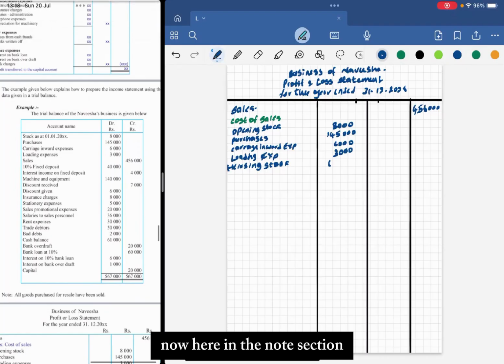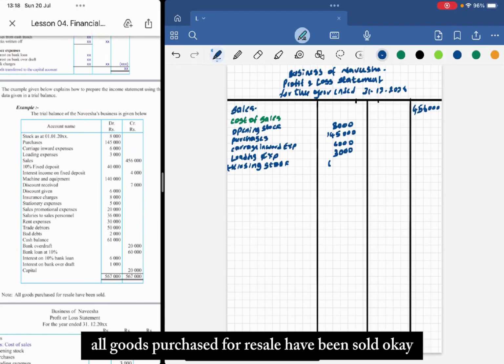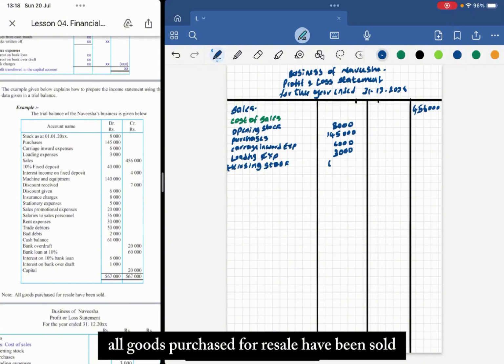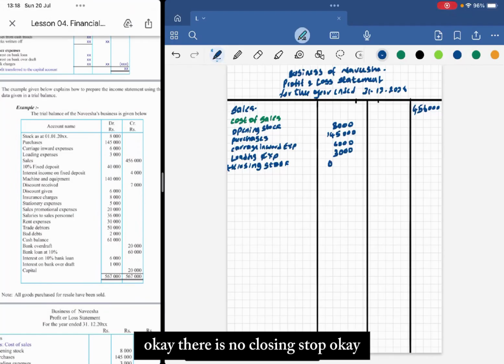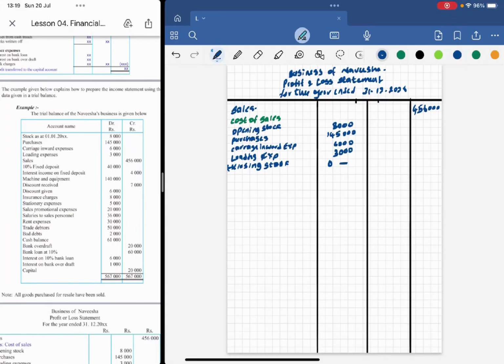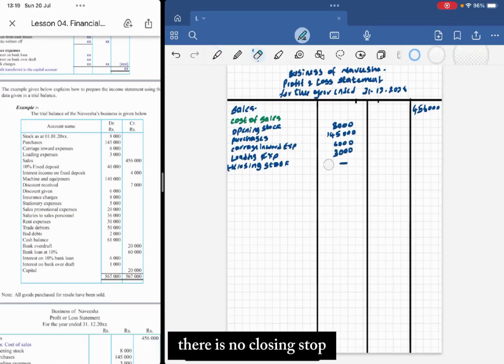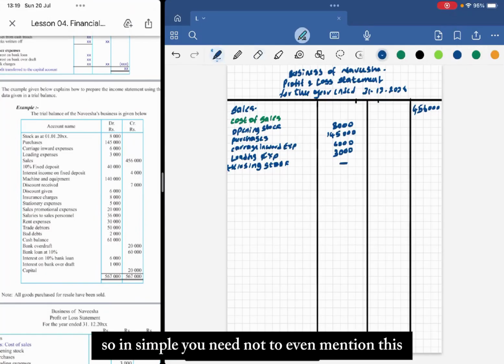Now here in the notes section, it has been given that all goods purchased for resale have been sold. What does it mean? There is no closing stock. So in simple terms, you need not even mention this.